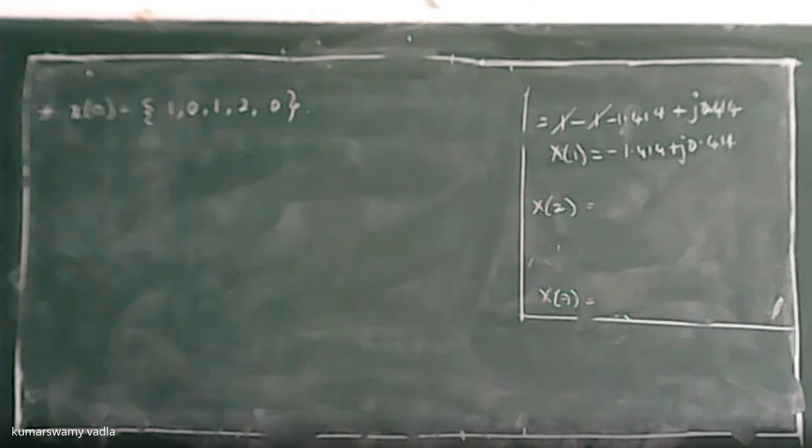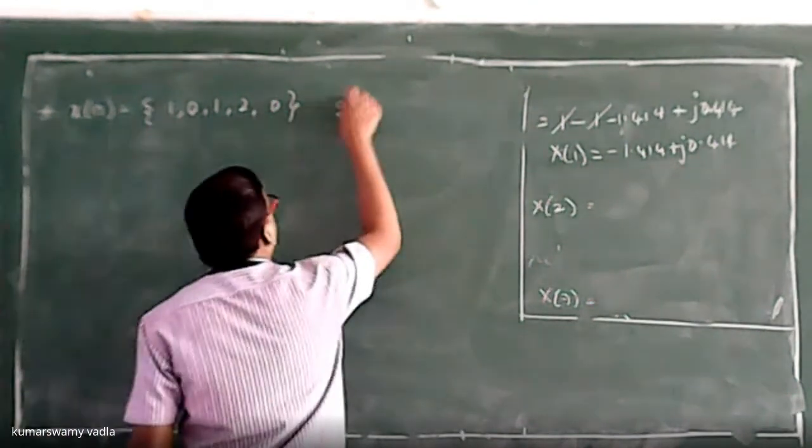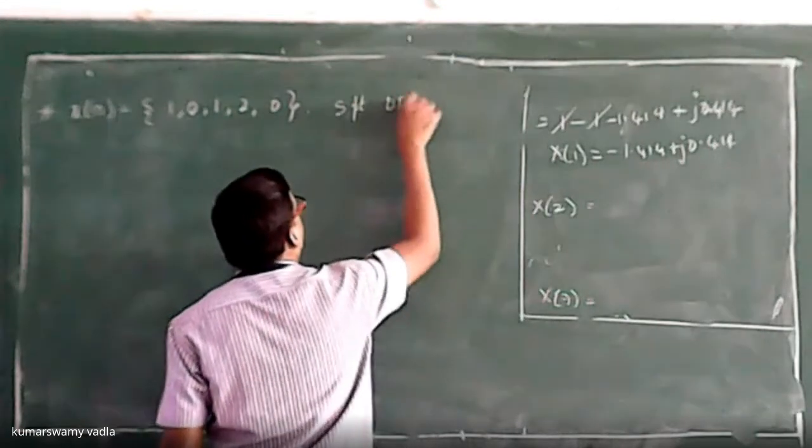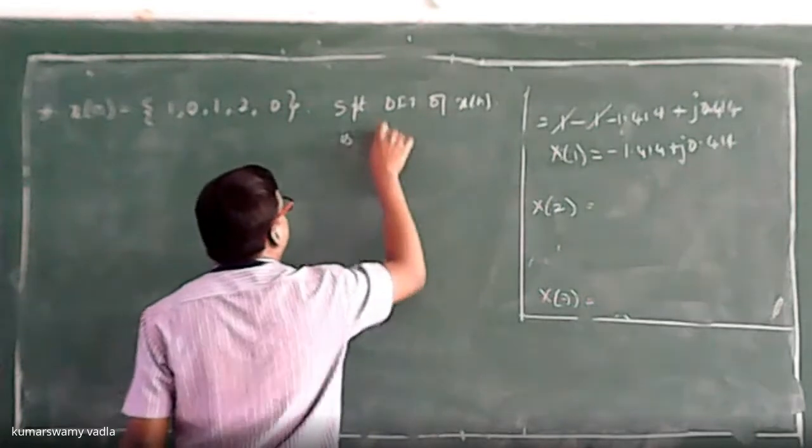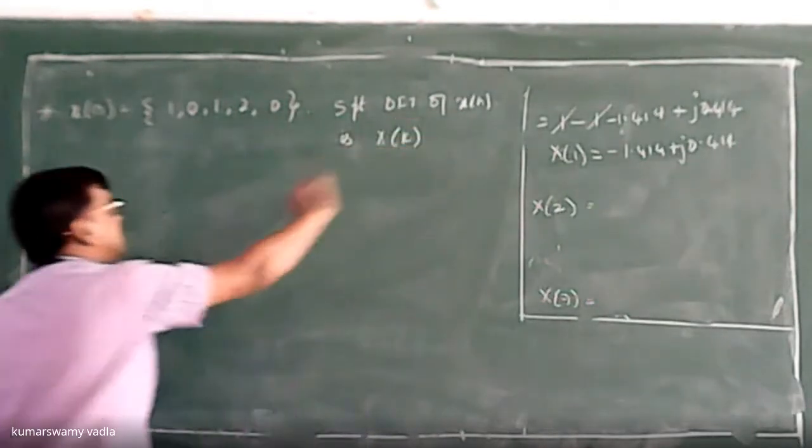The 5-point DFT of the sequence X of n is X of k. He has given this sentence in the question.